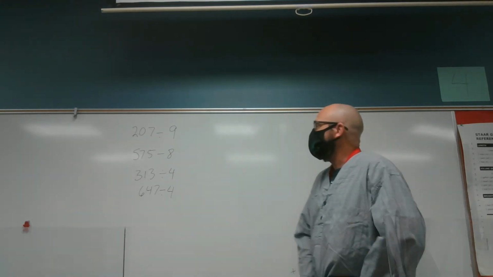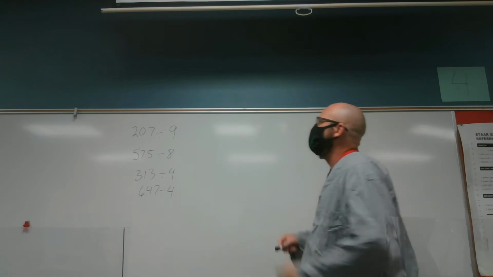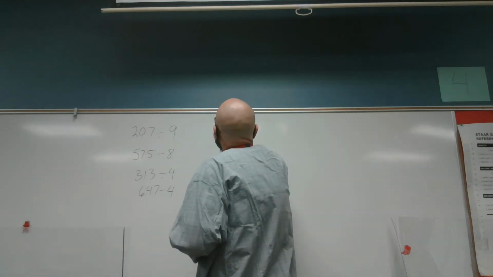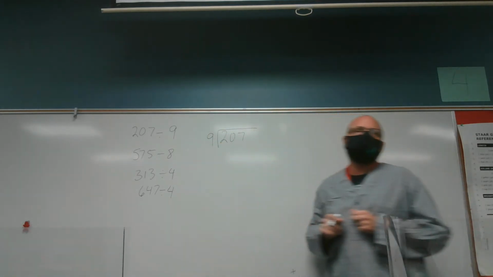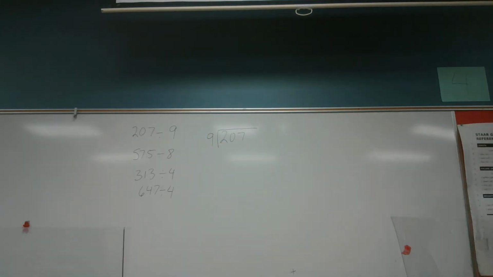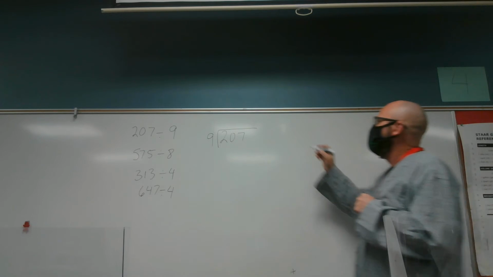All right, so problem number 1 is 207 divided by 9. First thing I do is I list my multiples of 9, because 9 is my divisor.